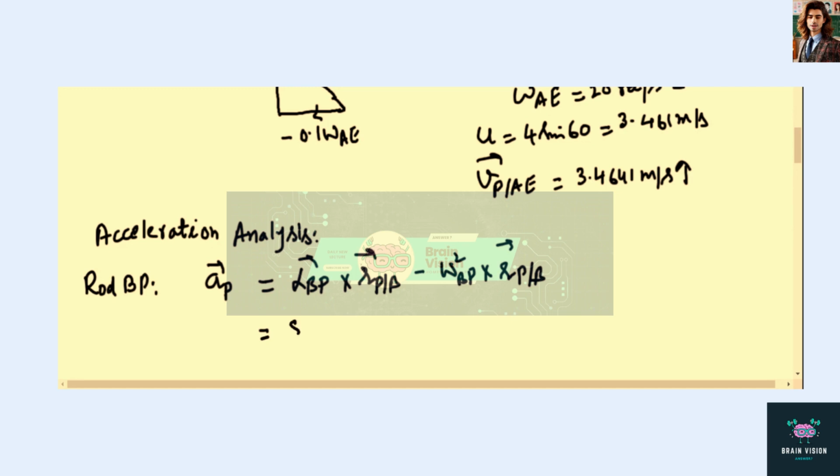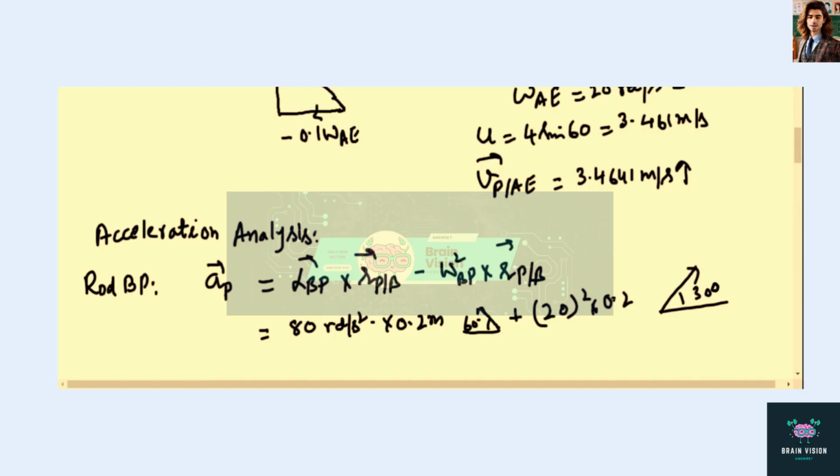Substituting the value, 80 radian per second square into 0.2 meter in the direction shown in figure, plus 20 square into 0.2 meter in the direction up along the horizontal line by 30 degree.